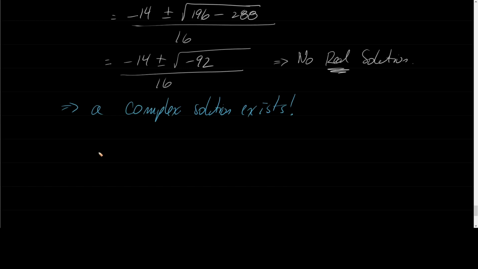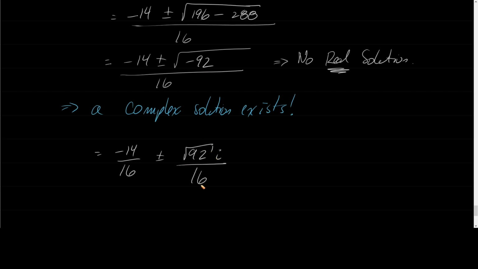So what we can do now is let's continue to simplify this. So we have negative 14 over 16 plus or minus the square root of negative 92. I'm going to write it as the square root of 92 times i, and all of this over 16.